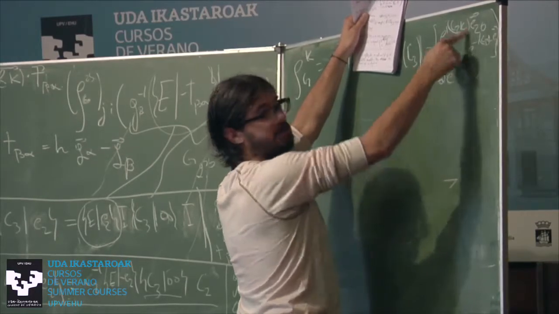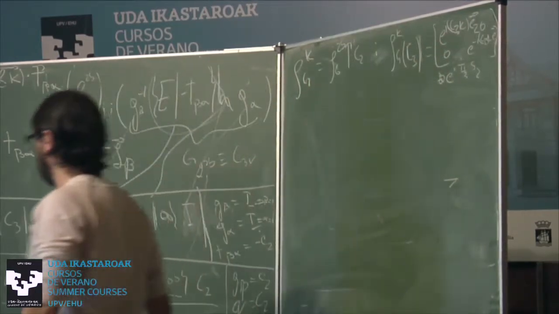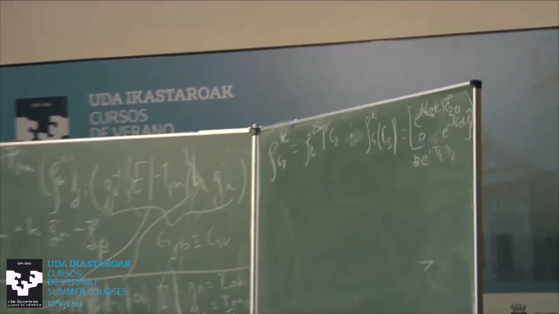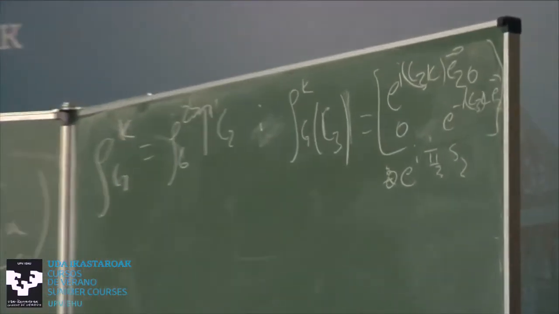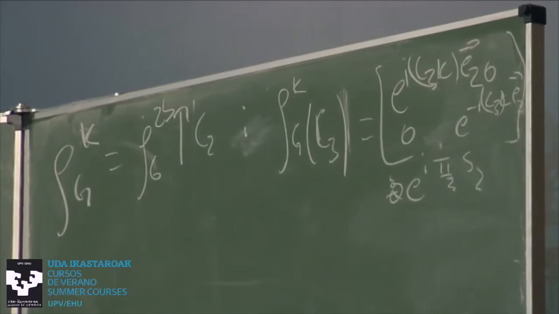This is a tensor product. So it's a 4 by 4 representation, right? Two matrix elements, each a 2 by 2 matrix, so this is 4 by 4. Is that clear?